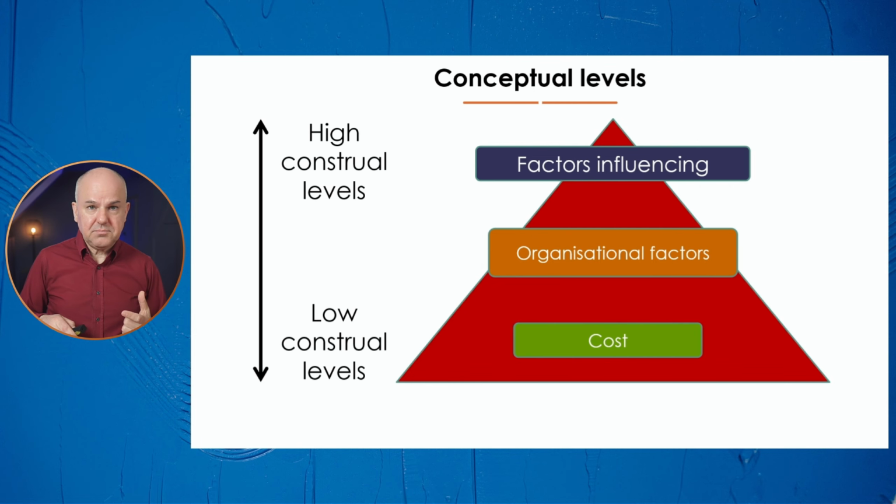We have the intermediate level, which are organizational factors, and actually we have a higher level denomination concept, which is factors influencing the techniques that exhibition managers use to manage the circulation in an exhibition. So we went from the participant statements to cost to organizational factors to factors influencing by using abstract thinking skills.